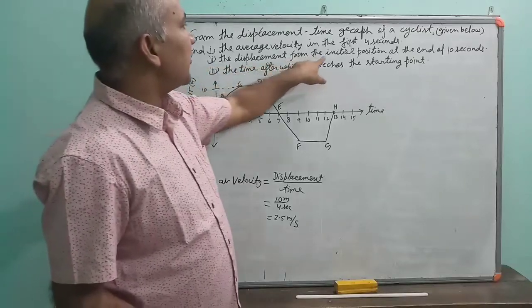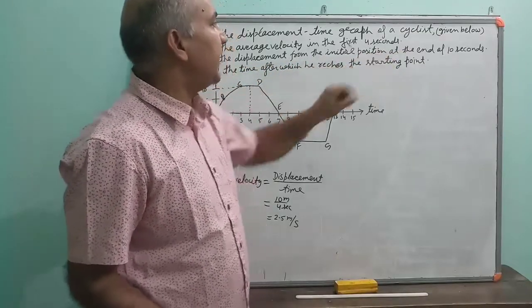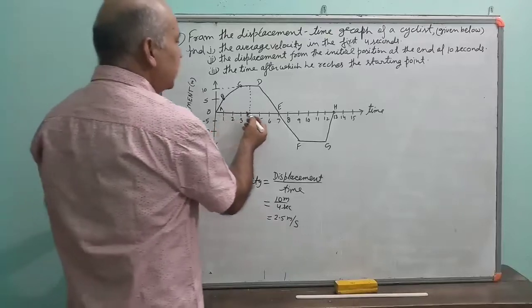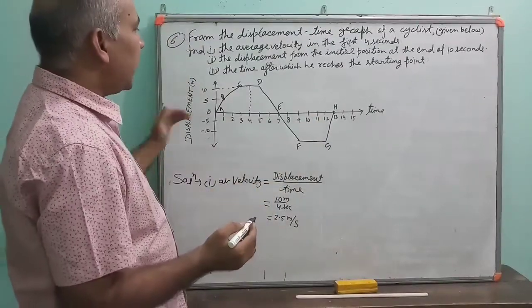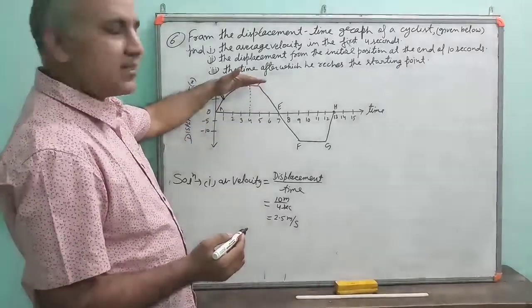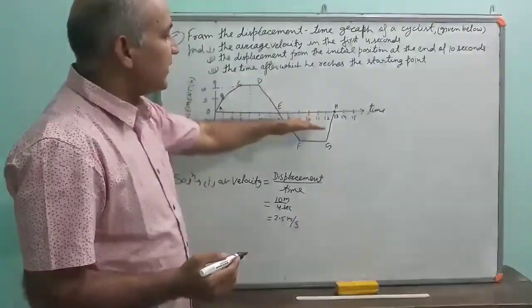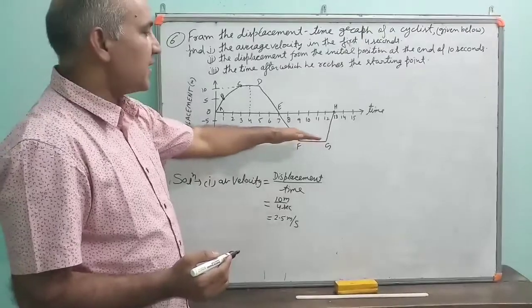The displacement from the initial position at the end of 10 seconds. At the end of 10 seconds, the final displacement. We know that the positive displacement is above the x-axis and negative displacement is below the x-axis.